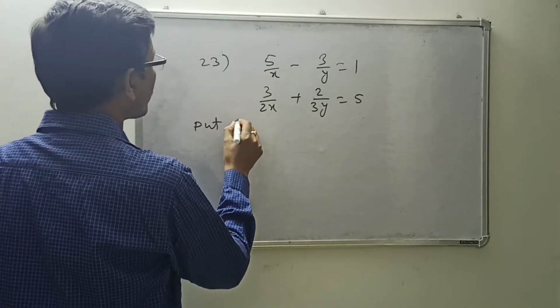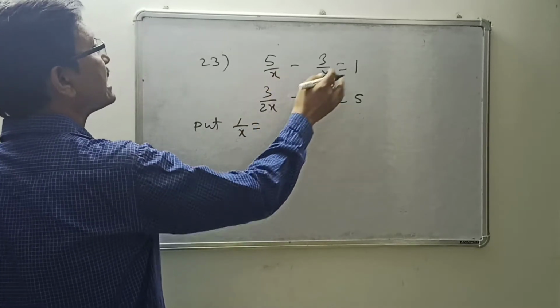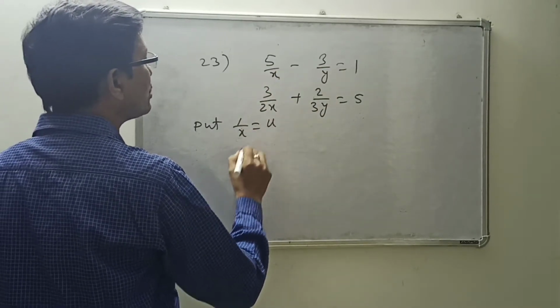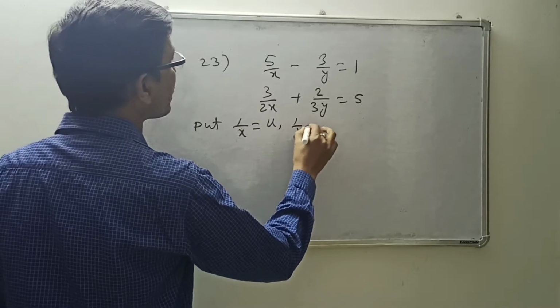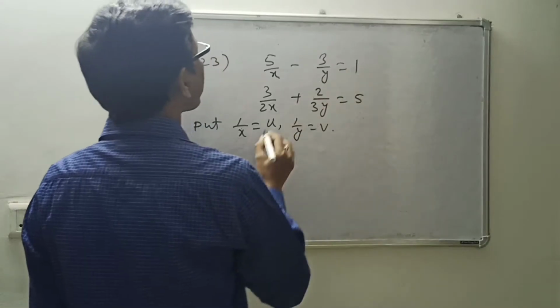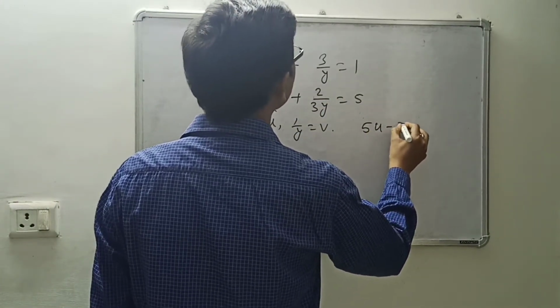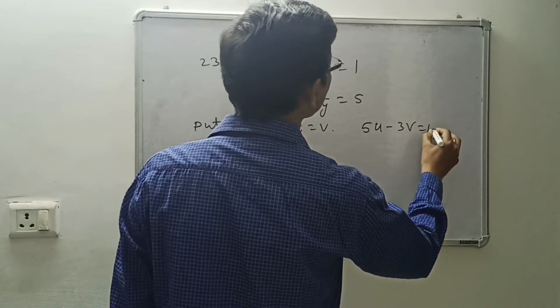Suppose you put 1 by x equal to u, and 1 by y equal to v. Other than x, y, any variable you can take. We get the first equation: 5u minus 3v equal to 1.